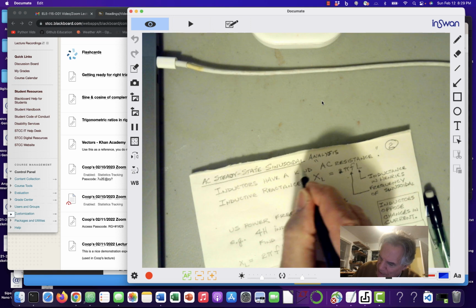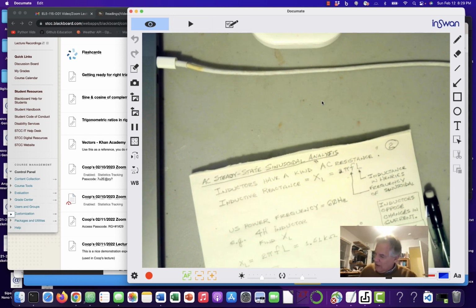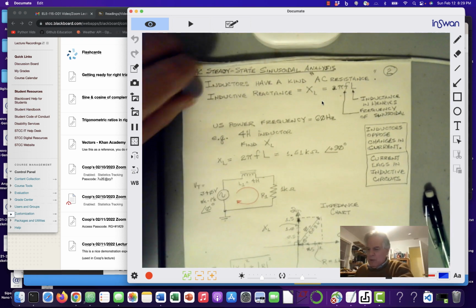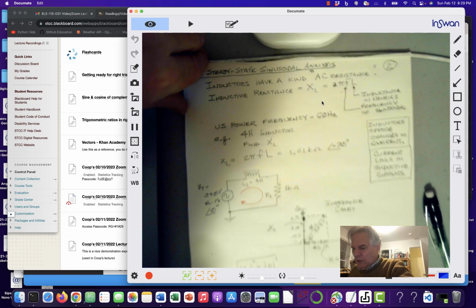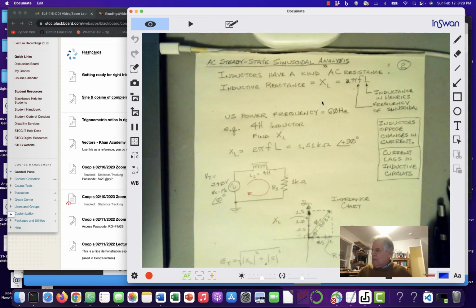And what's cool about this is, if we had to do anything other than the steady state sinusoidal, we'd have to know calculus and all that stuff. But with these sine waves, we can get a lot of information about a circuit out, and it allows technician level people to analyze circuits without having to do any calculus.